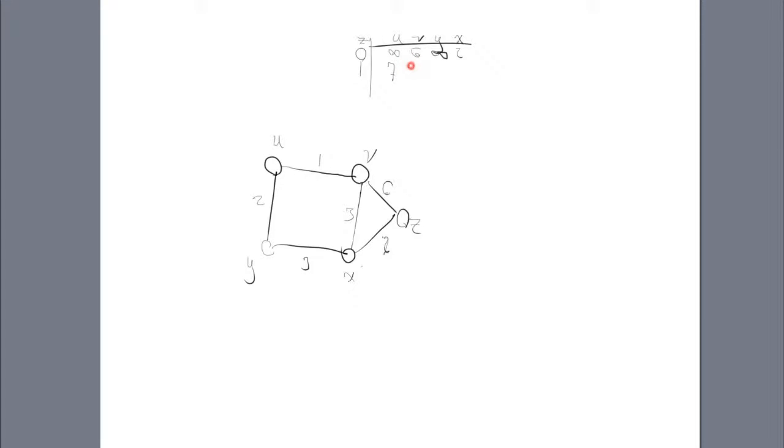So now it becomes 5. It also tells Z about Y. It says the cost here is 3. Right, so this is 5 now. And of course this stays the same.